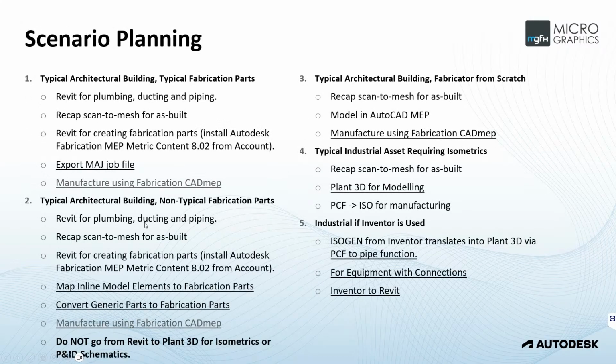Then what about an architectural model where there's non-typical fabrication parts? Well, the first bits are the same, but then we've got to map inline model elements to fabrication parts. There we go.